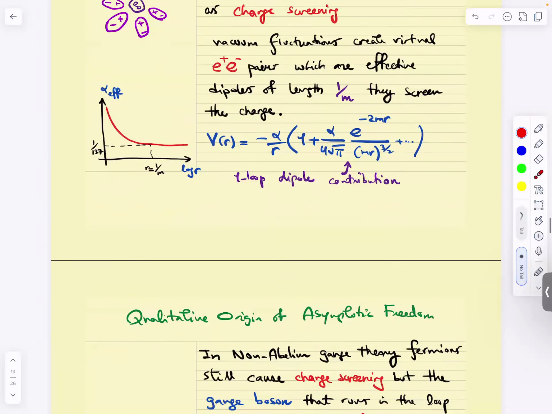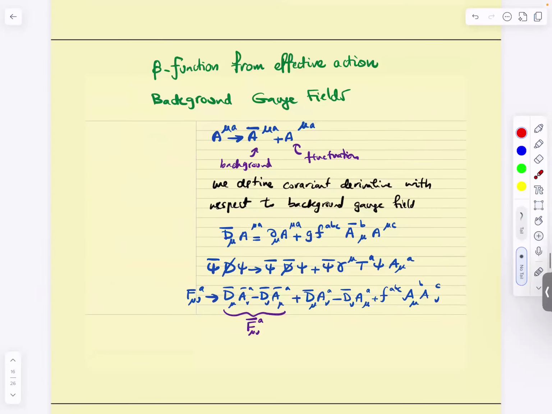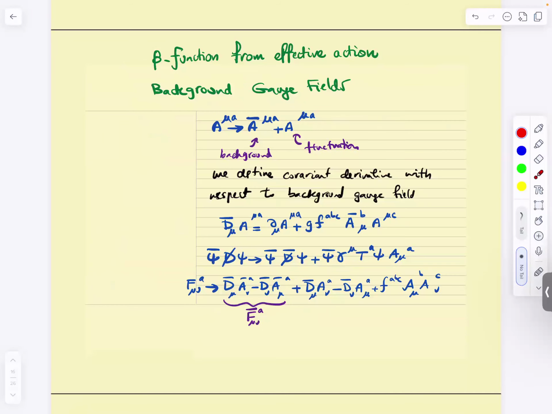So recall that we said the Callan-Symanzik equation describes the running of the correlation functions as a function of mass, as a function of scale. Now, we also said that the effective action also satisfies an equation similar to Callan-Symanzik, and there's a beta function that we could extract from that. We did that for the O(N) model.